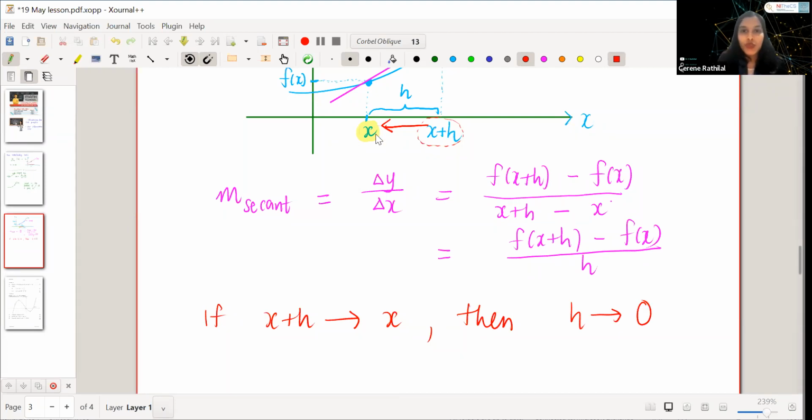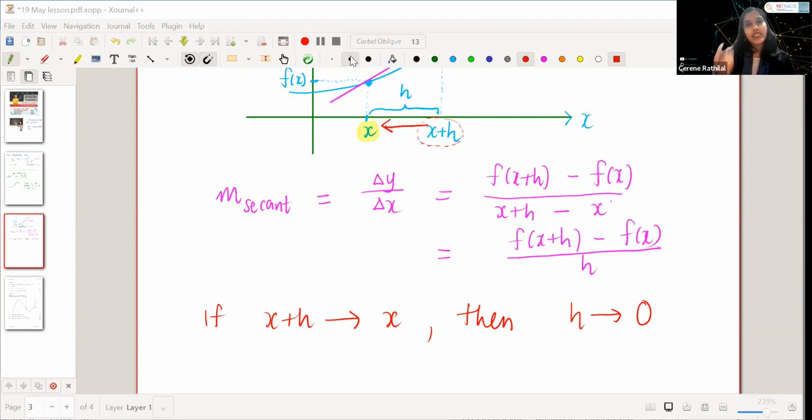So if these 2 coordinates, x and x plus h, become exactly the same coordinate, then essentially the distance between them becomes 0. So as x plus h tends towards x, the distance between the 2 points tends towards 0. Right, wonderful. And I can see in the chat box, we've got someone saying, yes, the distance is decreasing.